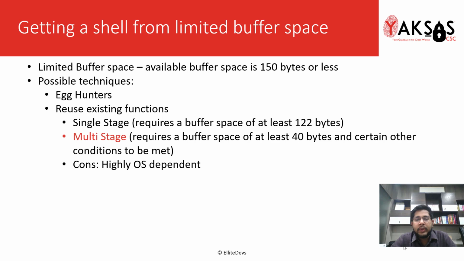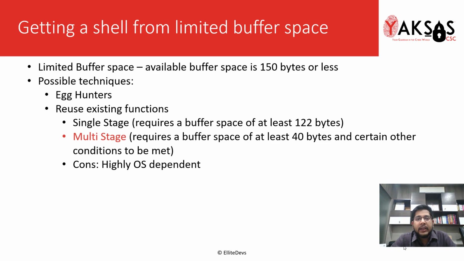Now there are two types of exploits you can write, again depending on the buffer space that you have. First is a single stage exploit, wherein you require a buffer space of at least 122 bytes for it to run, and using the single stage you can send a reverse shell back to your attacking machine.